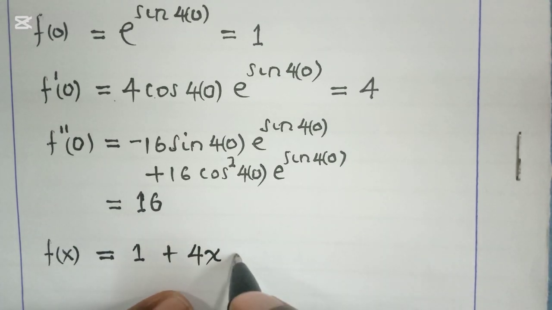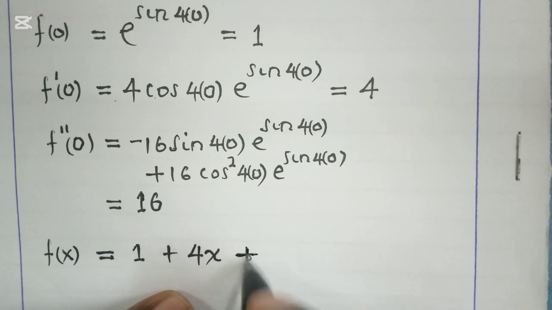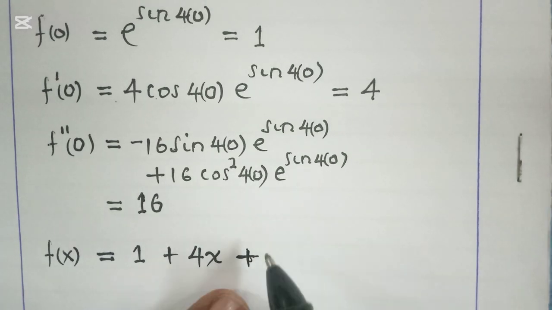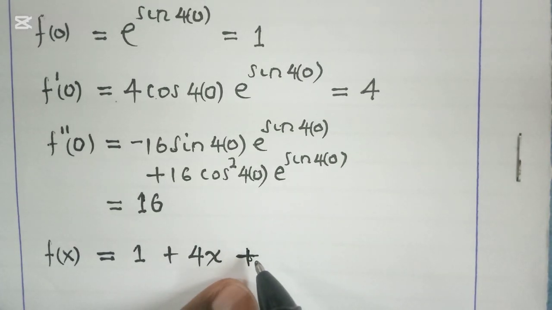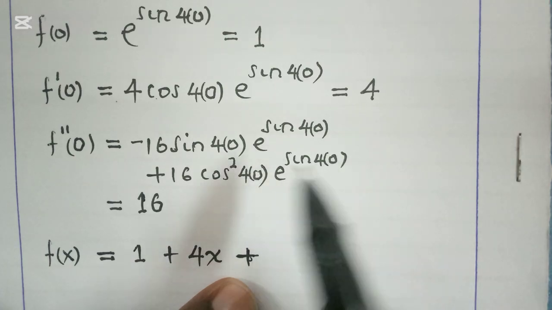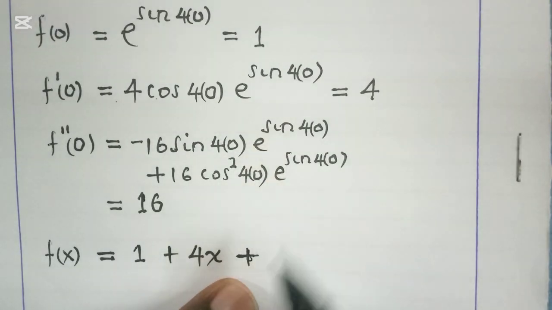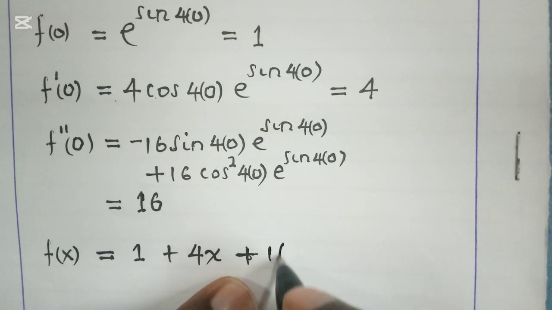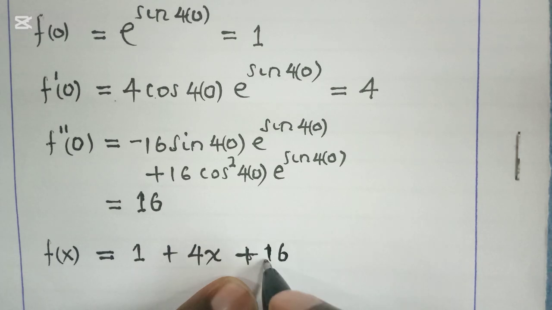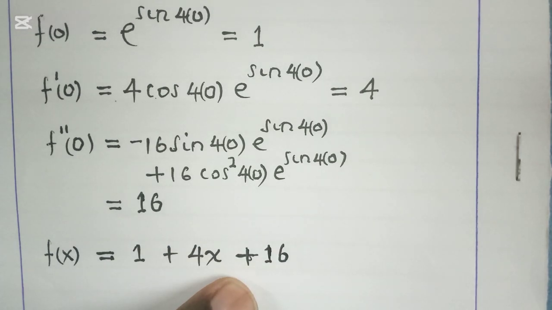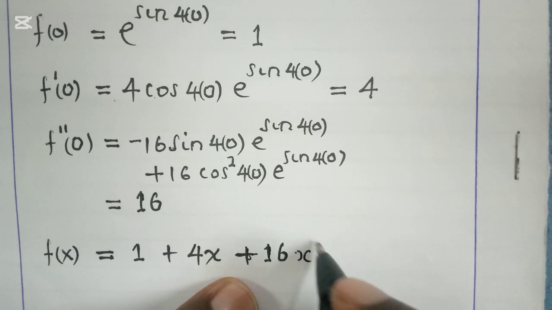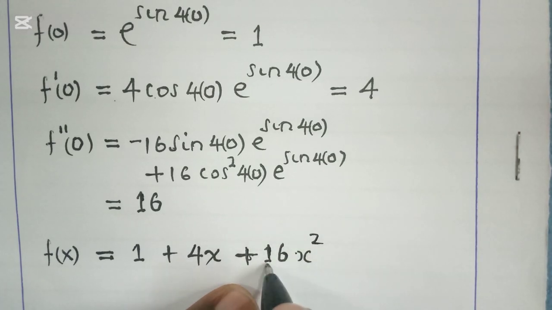Then plus we have f prime prime 0 x squared, f prime prime we have is 16. This is our 16, guys. Then we have x squared all over 2, like that, guys.